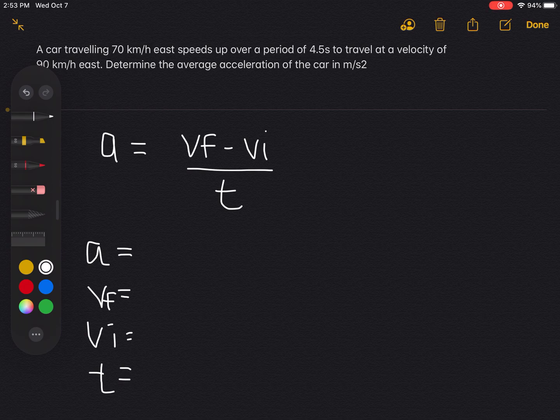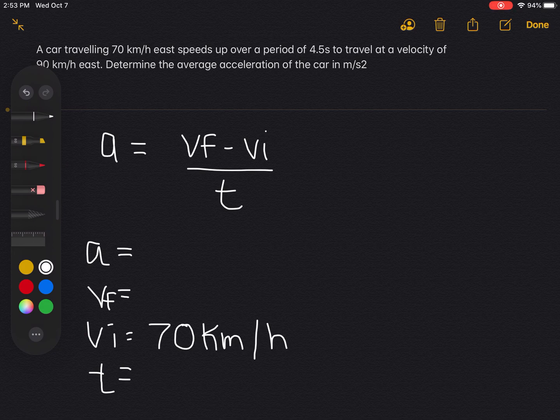It says a car traveling 70 kilometers an hour east speeds up over a period of 4.5 seconds to a velocity of 90 kilometers east. So initially, we started at 70. So this is where we're going to put our 70 kilometers an hour.